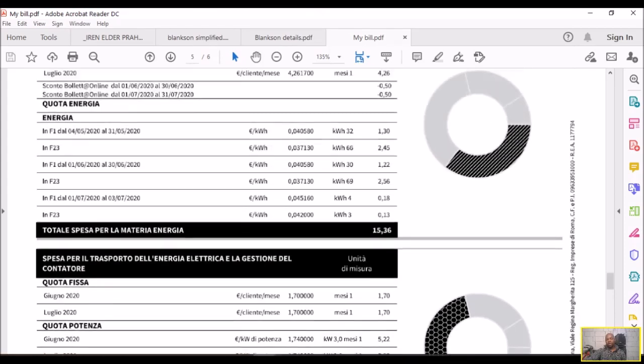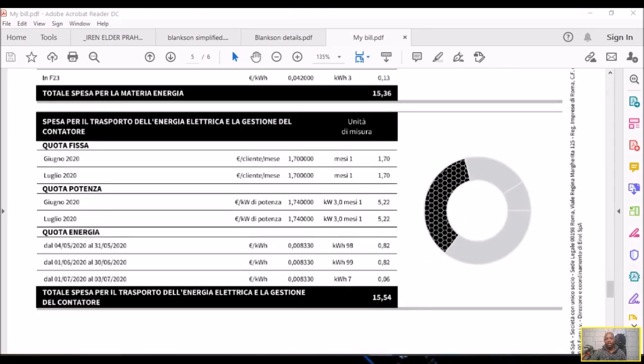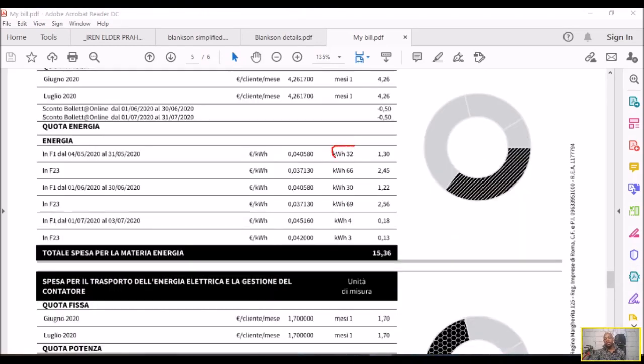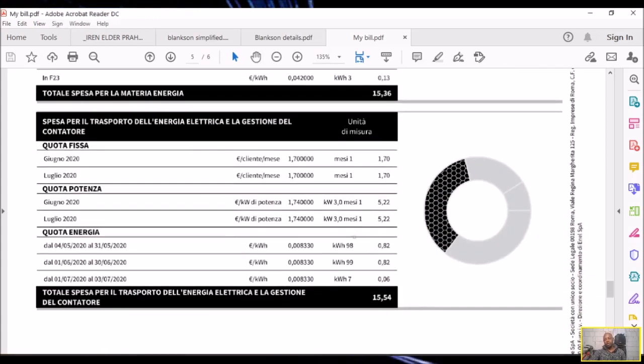We can go and verify. We can verify here that 32 in F1 of that same period, and then 66 of F2 and 3 of that same date. Together, you get it here as 98.